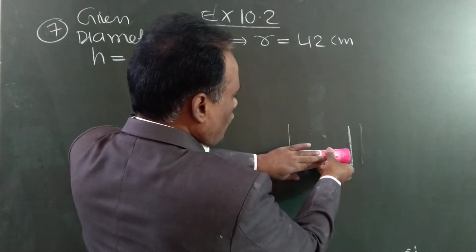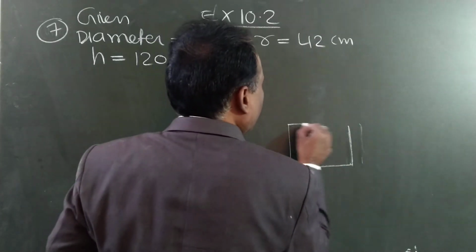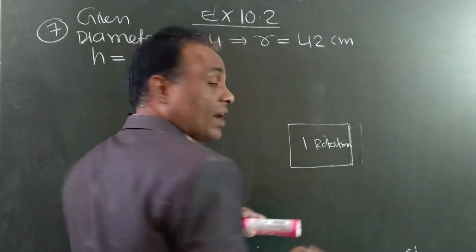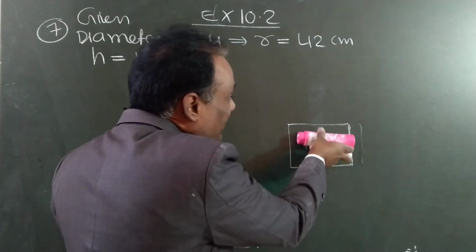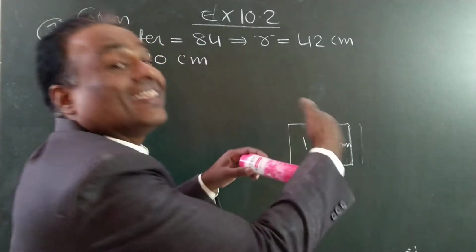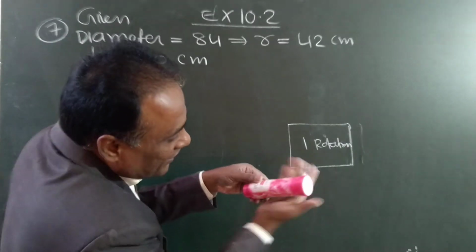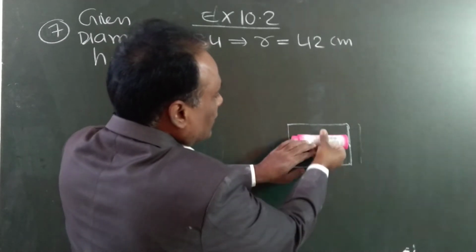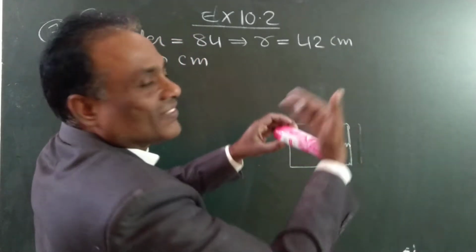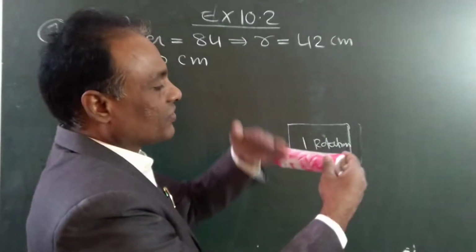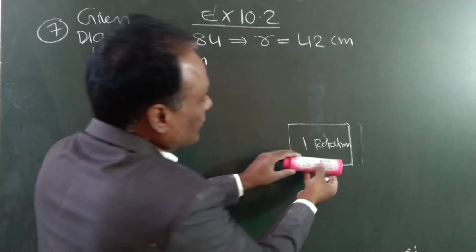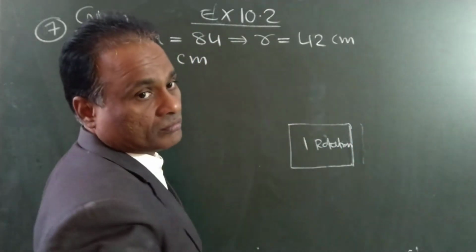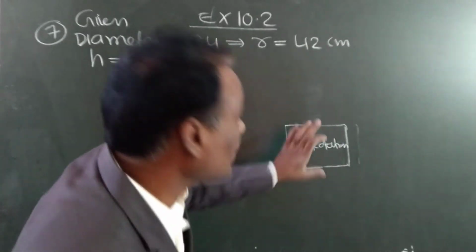One rotation, how much area will it cover? It will cover the curved surface area. Whatever the curved surface area of the roller is, that much area it will cover in one complete rotation, one revolution.